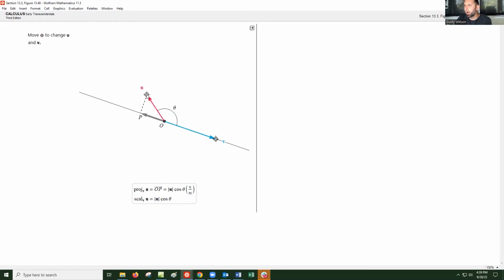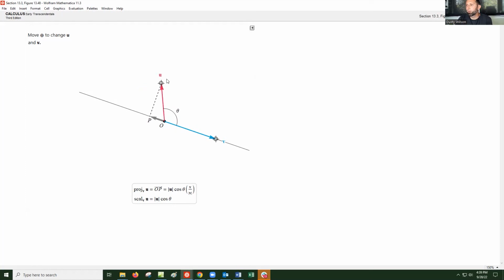If they're pointing in opposite directions, then the angle is going to be bigger than pi over 2. In other words, this cosine is going to be negative. So you've got the magnitude of U times a negative number, and we know the direction it's going because you have V over the magnitude of V, the unit vector in the V direction.